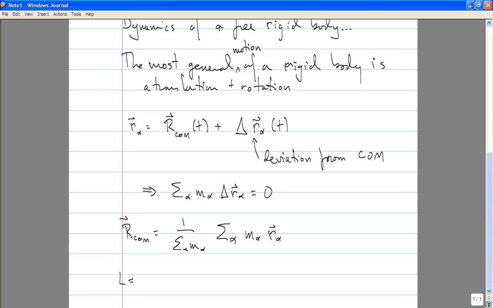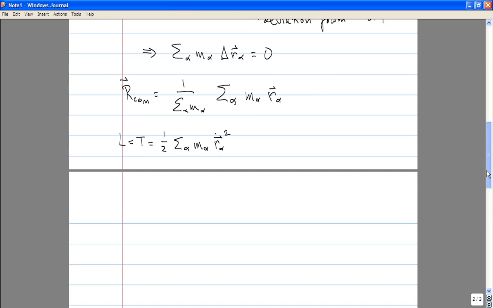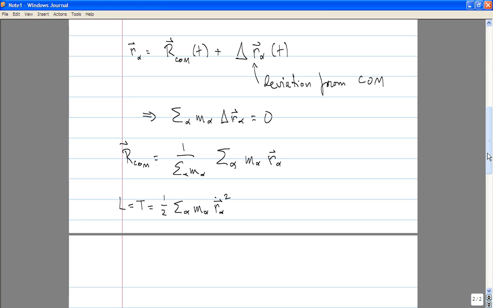So because there are no external forces, the Lagrangian is equal to the kinetic energy, which is 1/2 the sum over alpha m alpha r alpha dot squared, which, if we plug in our expression for r alpha, is the sum of three terms.